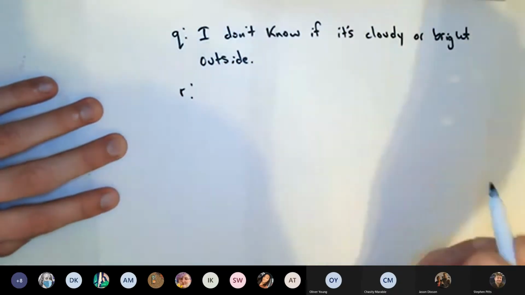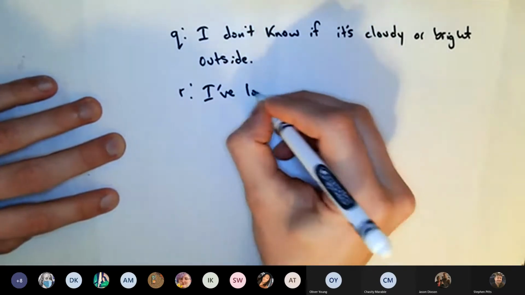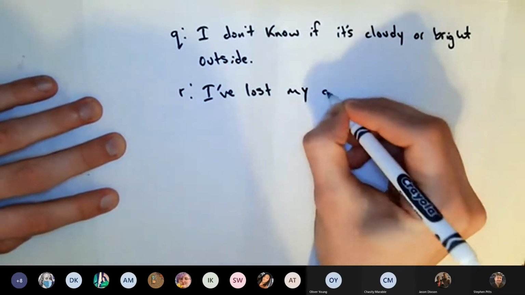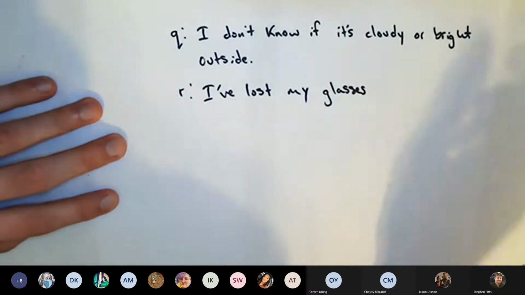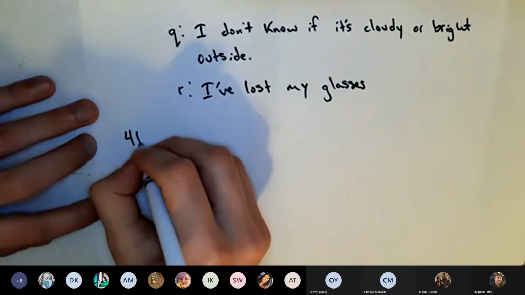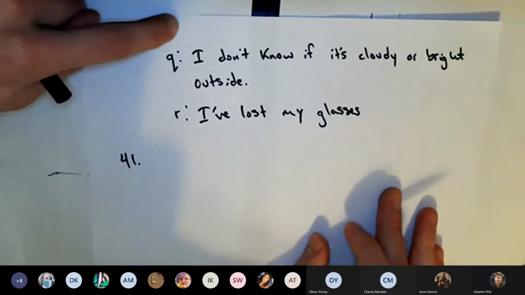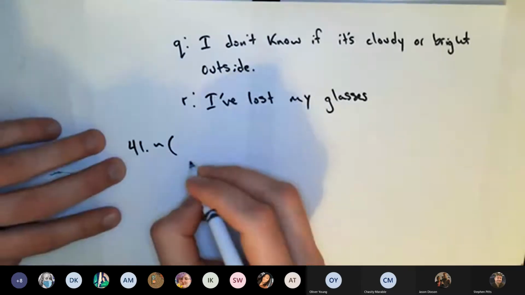And then R is I've lost my glasses. Now there is another statement that they give at the top of this chunk of exercises, called P, but the problem I'm about to do does not reference it, so we don't need to write it down.